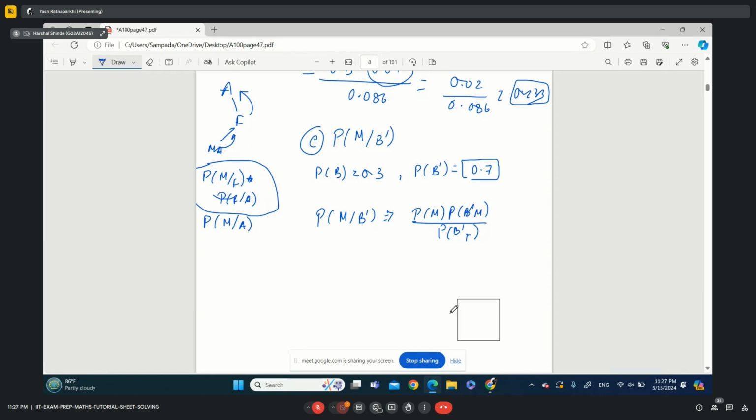So in reverse, we will go with the approach that probability of M given B complement is equal to probability of M intersection B complement upon probability of B complement. Yesterday I taught you two formulas to find conditional probability. Conditional probability A given B is probability of A intersection B upon probability of B.